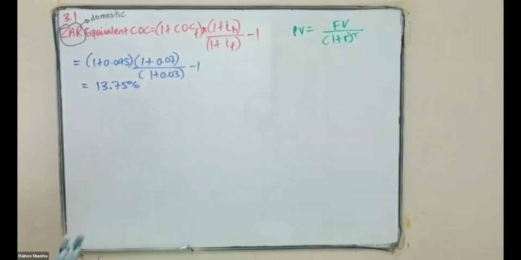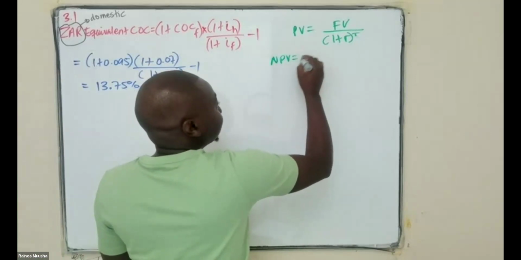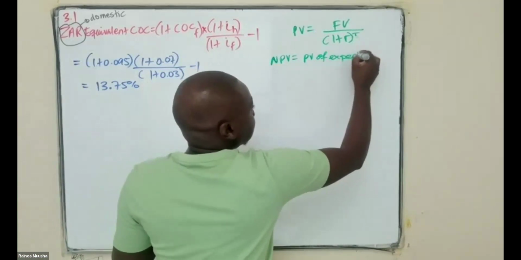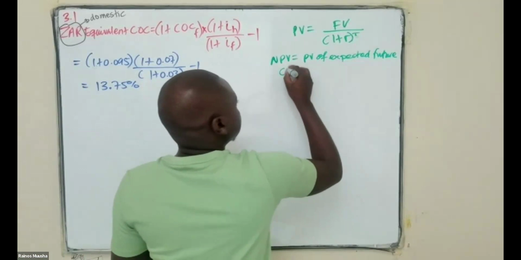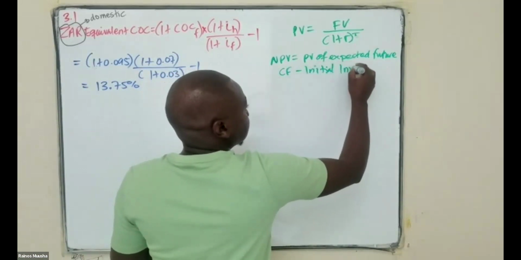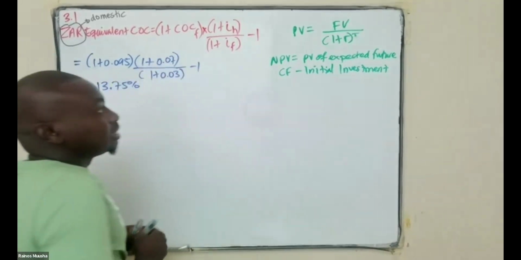Which means, to find the value of our investment, your net present value is given as the present value of expected future cash flows minus the initial investment.